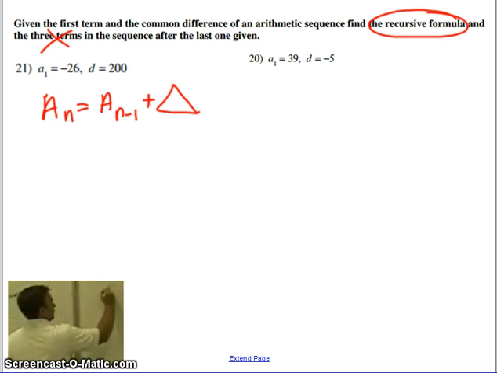Alright, so the first term in this case is negative 26. Alright, and then we're going to look for the recursive formula, which is going to be A sub n equals A sub n minus 1 plus the difference, which is 200.